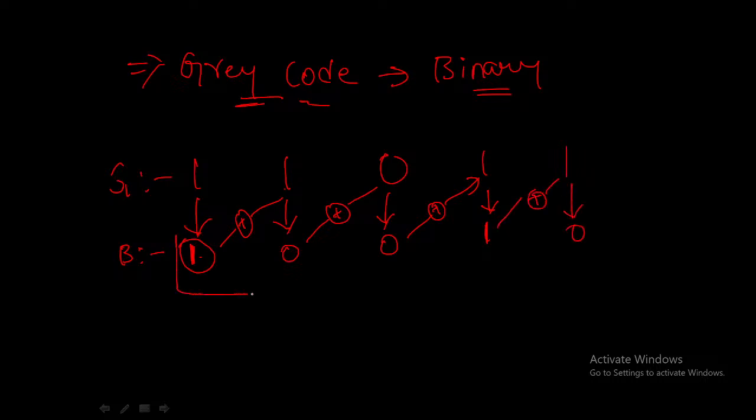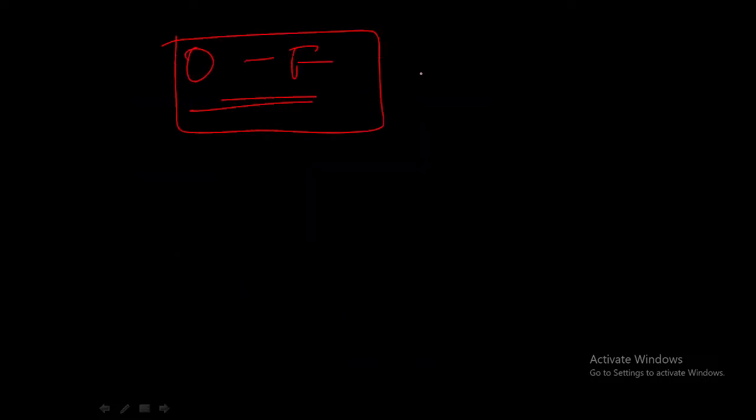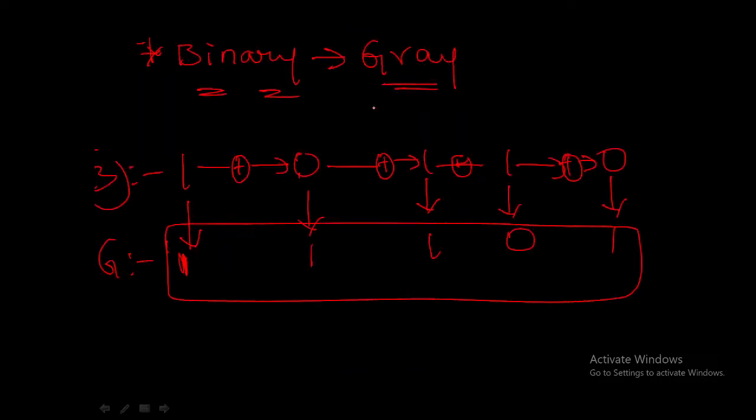So this is the binary representation of the gray code, 11011. This is how we convert a gray code into a binary code in the crisscross manner. I hope this is clear. This is how we convert binary to gray and gray to binary.